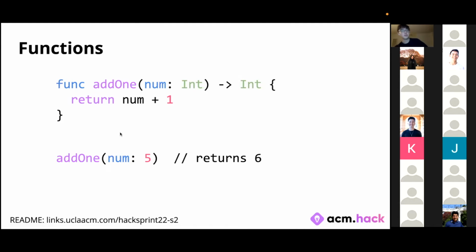For example, if I wanted to add 1 to 5, I have to first specify which argument name I want to pass it in. So num here corresponds to this num over here. Then after the colon, it will be followed by the value that we actually want to pass in. The result of this function call will return 6.